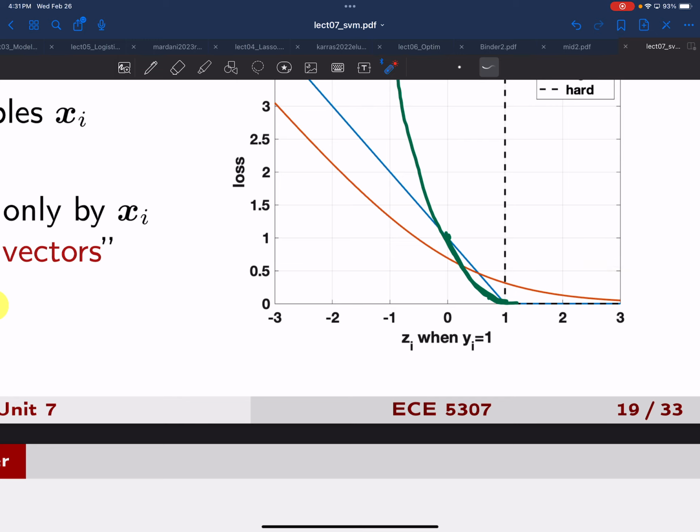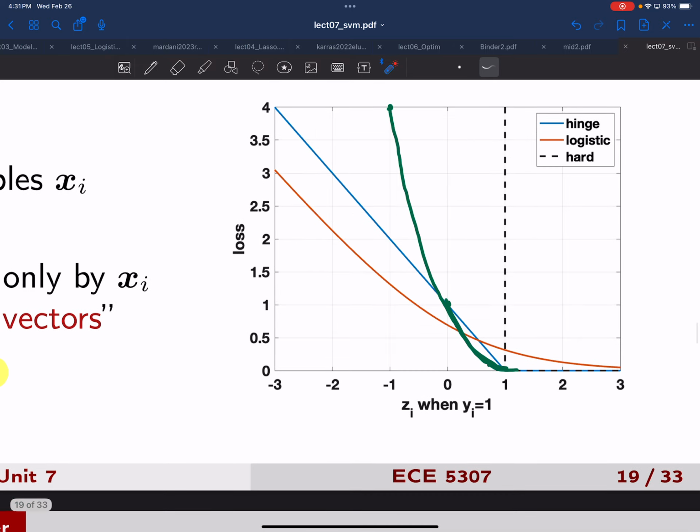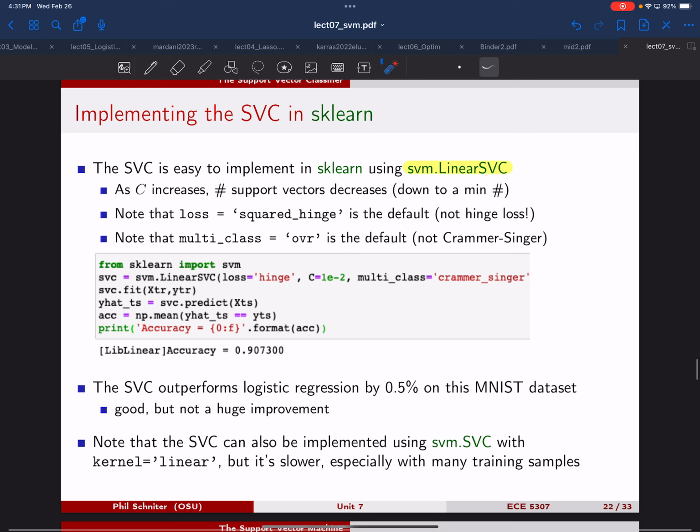So it retains that flavor of the SVC, but it has a very different behavior down here, quadratic versus linear. And so, not surprisingly, the results are different. So in my experience, it doesn't work as well, but it runs a lot faster. So just something to be aware of. When you run this, unless you change the default explicitly to loss equals hinge, you're actually going to be running squared hinge, and your results will be different than you might expect.